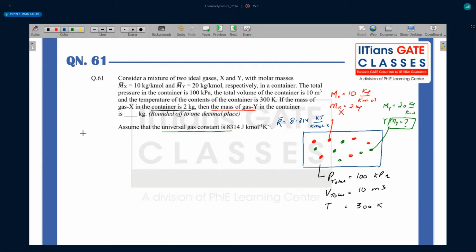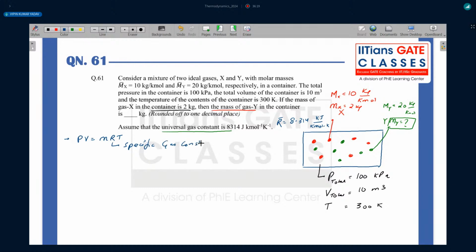So now tell me, we know PV is equal to mRT. Can I use this? No, I cannot use this, because R I don't know. They have given ideal gas, but I don't know R. If it is air, I can take R, but I don't know which gas is there, so I cannot take R, because this R is specific gas constant, right?